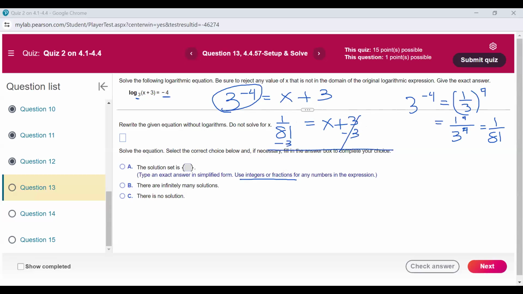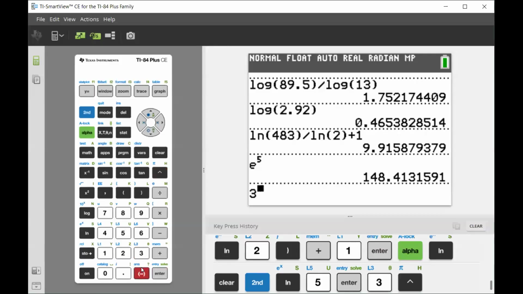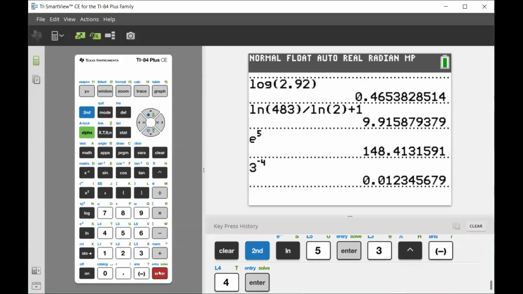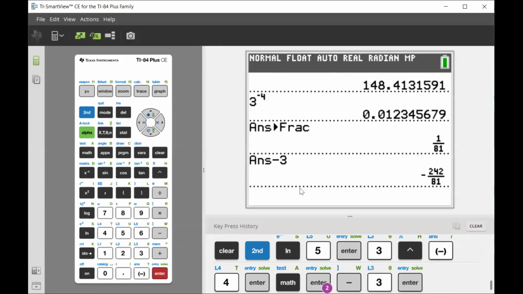And actually, I'm going to do that using a calculator now. So if we go to the calculator, if you want to do 3 to the -4, you could type 3 to the -4. It gives it to you in fraction first, but you can go to math and change any decimal to a fraction. And because we had to subtract 3, it gives us -242 over 81.